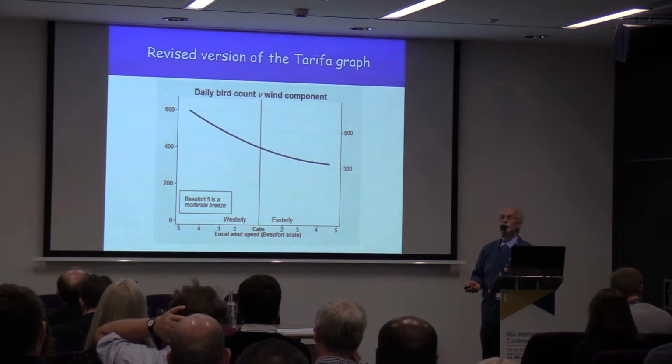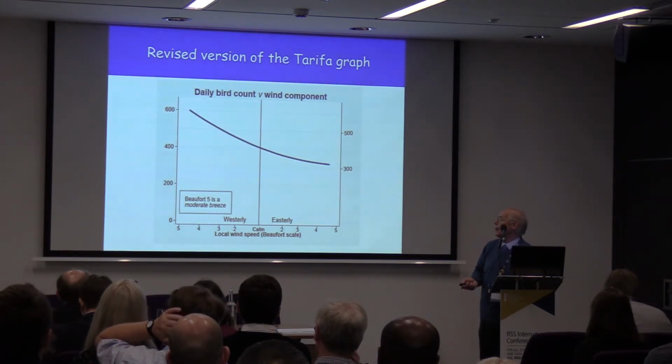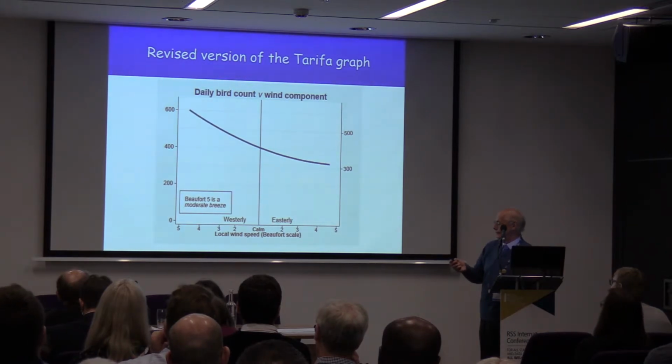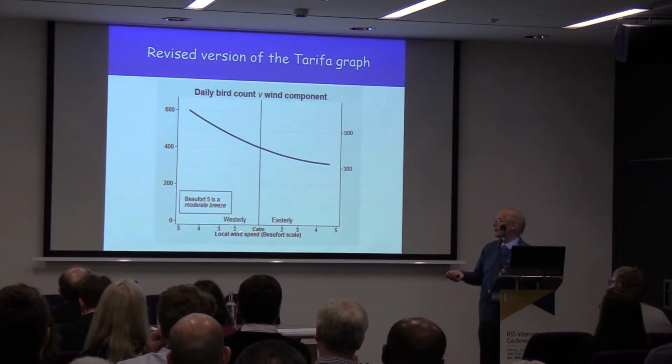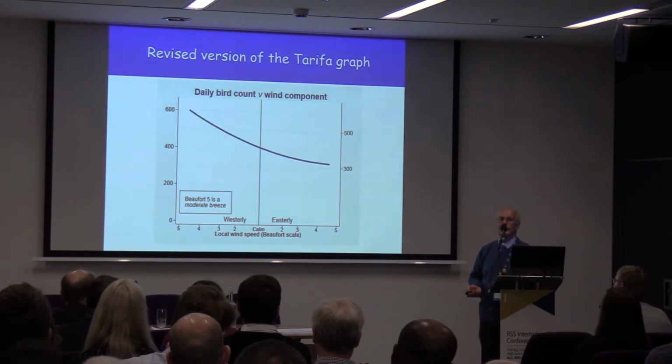And if I try to improve the graph for the hawks at Gibraltar, I can do various things. The labels on that graph were in speeds of meters per second. I have no idea what a wind of 2 meters a second feels like. I don't relate to that at all.